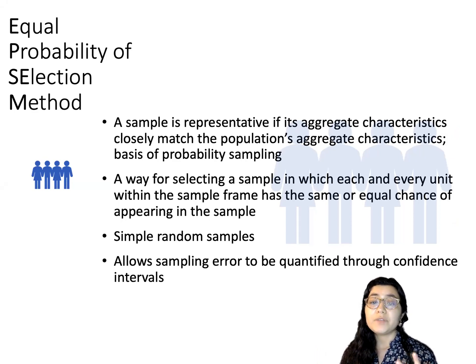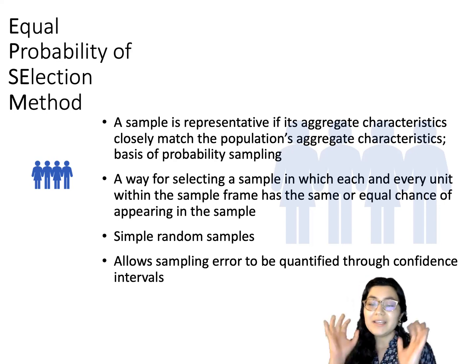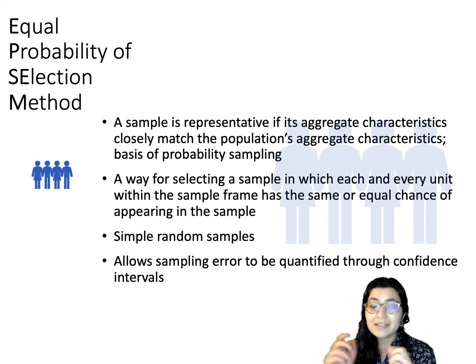And so when we're selecting a sample in which each and every unit within the sample frame has the same or equal chance of appearing in the sample, then we're ensuring that we have equal probability of selection method. So equal probability of selection method is basically summarized by that second bullet point.